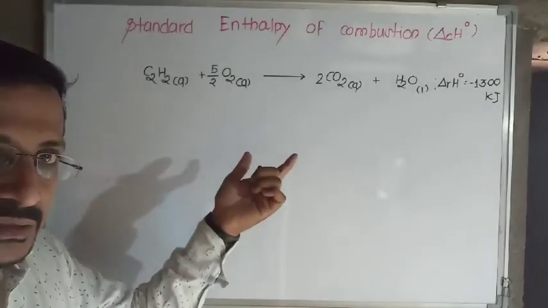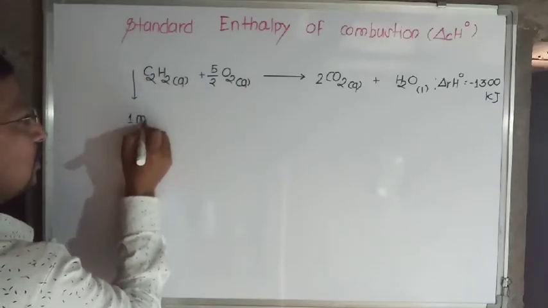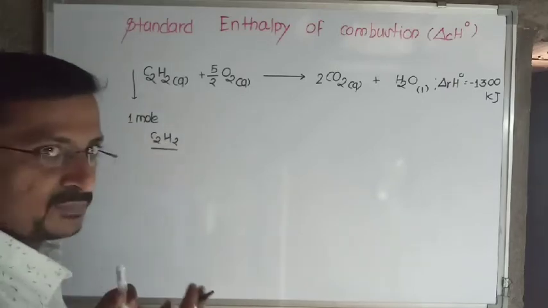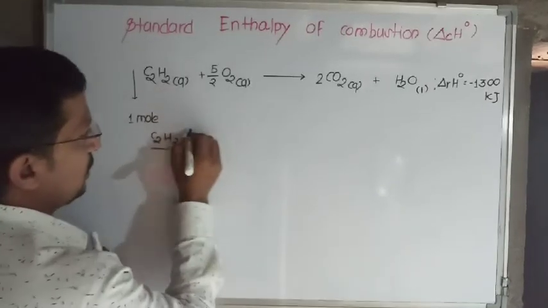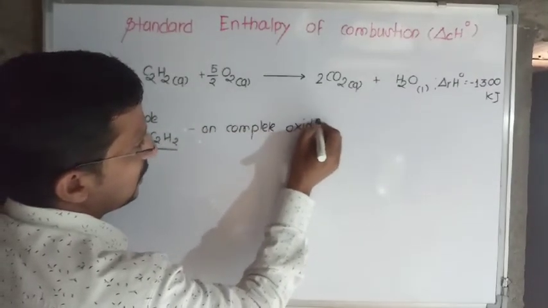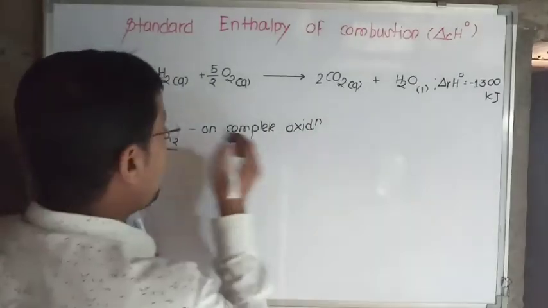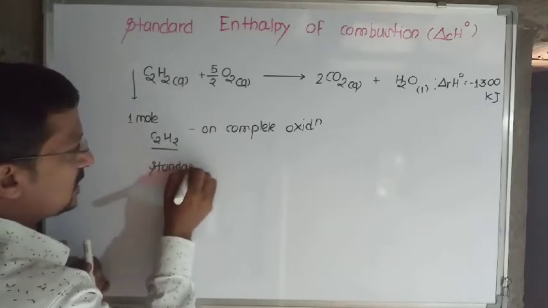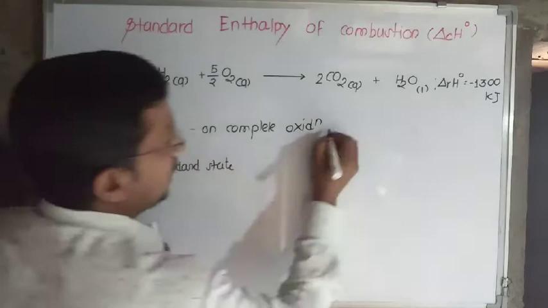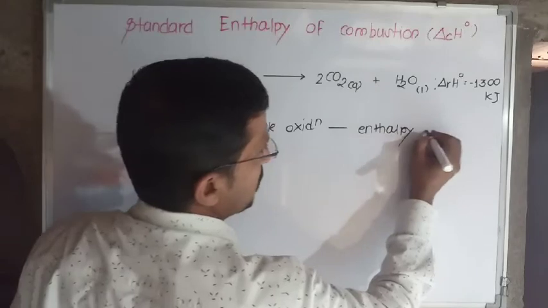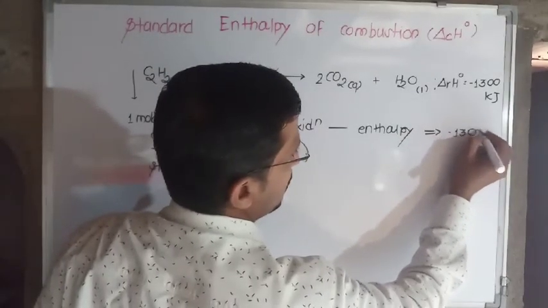What does this reaction indicate? It indicates that when 1 mole of ethine or acetylene, that is C2H2, in its standard state, because it is in gaseous state, undergoes complete oxidation, the enthalpy change that occurs is minus 1300 kilojoule.